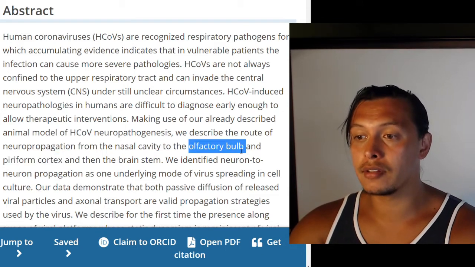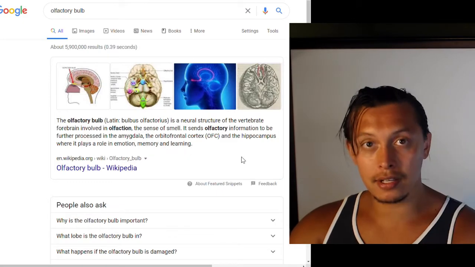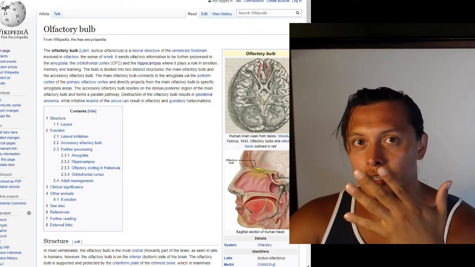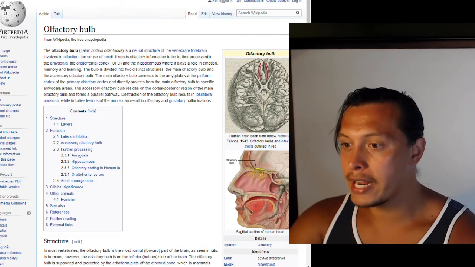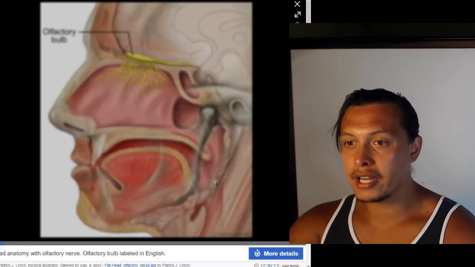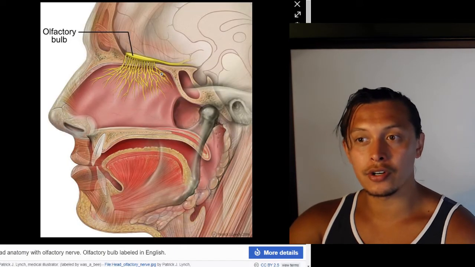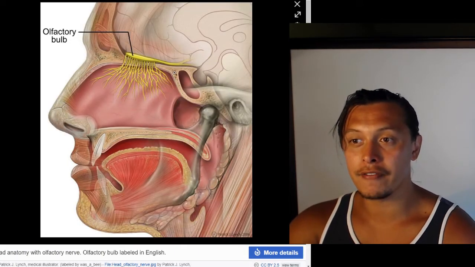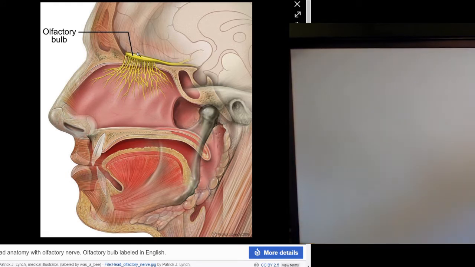So let's look at the nasal cavity. You get the HCoV-OC43 in there, and so this is the olfactory bulb. Here is your nasal cavity, and here is the olfactory bulb.